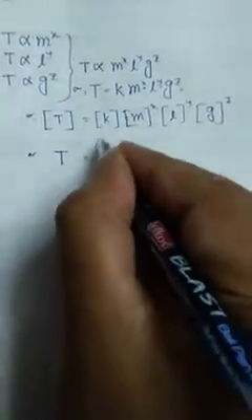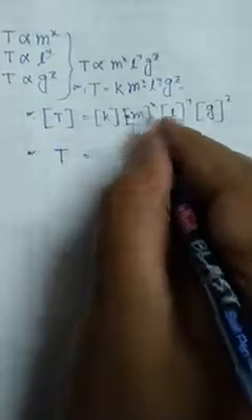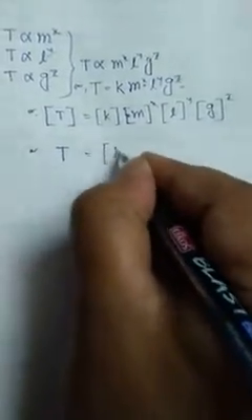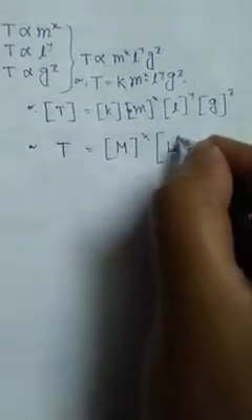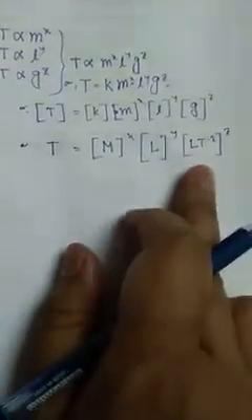This is a constant, a dimensionless quantity of course. The dimension of m means mass, that is capital M. The dimension of length is L, and the dimension of acceleration due to gravity, that is the dimension of acceleration, you have to memorize this, that is L into T to the power minus 2, to the power z. Last class I have told you.